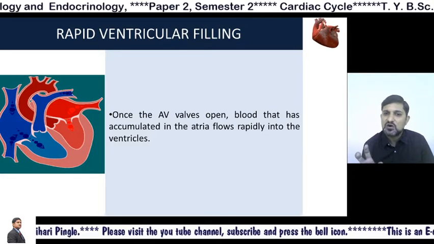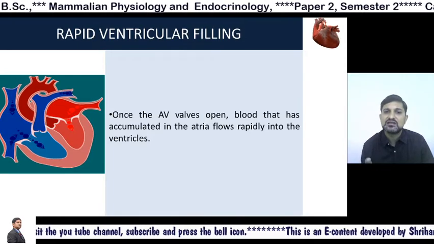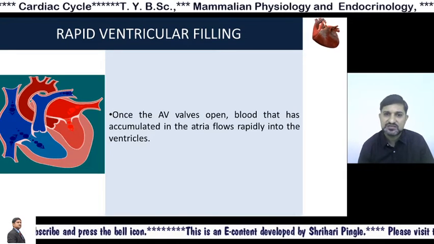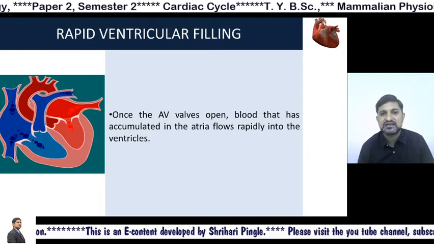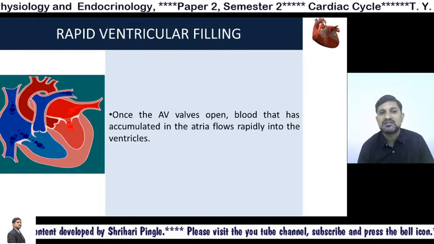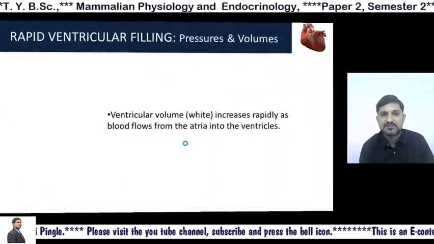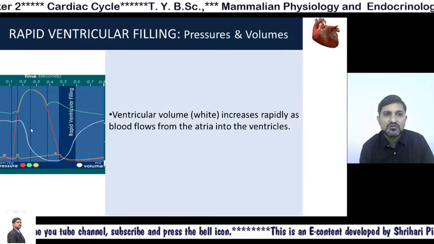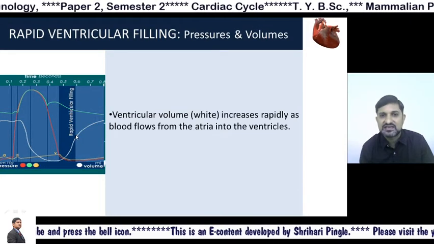There, only a small volume of blood was sent from the auricle into the ventricle via contraction of the auricles. Now this is a spontaneous and passive mechanism where as soon as the AV valves open, the blood rapidly goes into the ventricles. As a result of this, the ventricular volume, as you can see here, begins to increase rapidly.